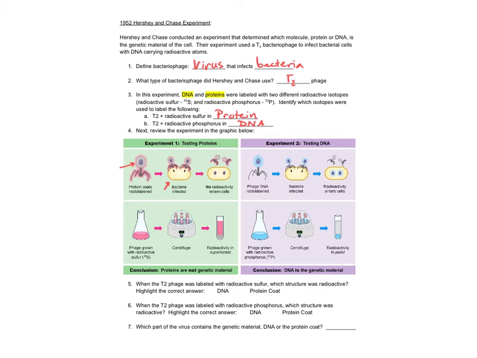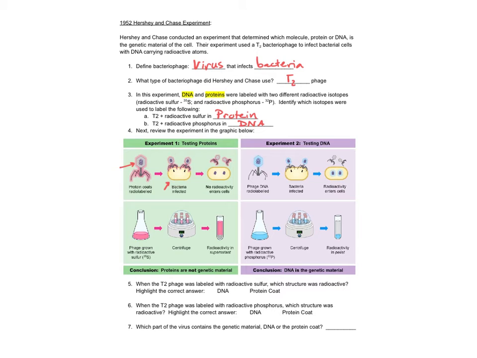They were able to discover whether or not the bacteria contained the protein coats because they put the infected bacteria in a blender, and the blender, when they run it, takes the virus coats and rips them off the surface of the bacteria cell. Then they put that liquid inside of a centrifuge, and a centrifuge separates things by density.